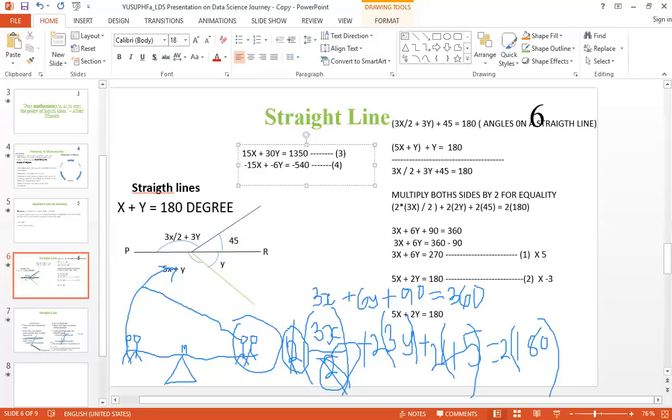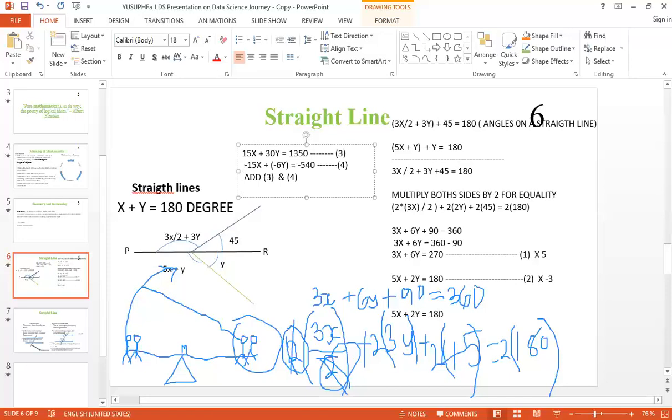So what can you tell me that you notice now? Look at x and y. Which one do you think is easy to cancel out? Moreover, here this one is plus minus y, the same thing as putting this into brackets for simplicity. Is that okay? Now, here we have 15x minus 15x. So what we will now do is add equation 3 and 4 together.